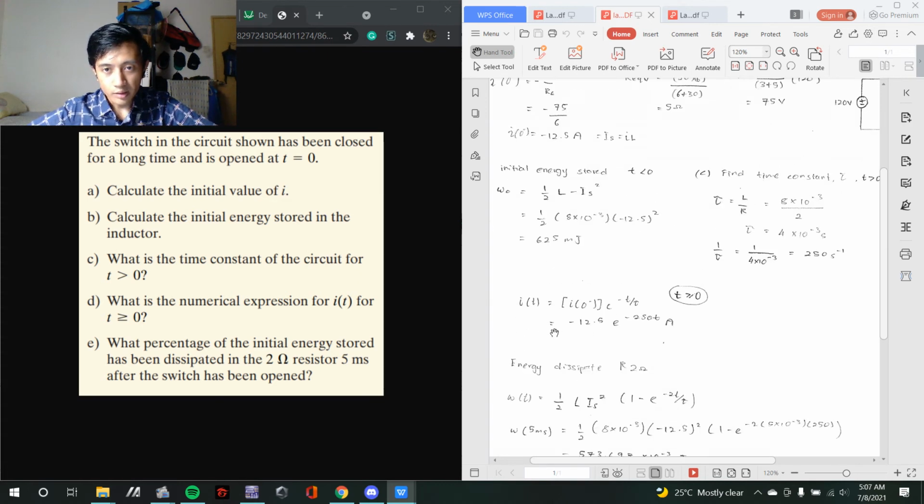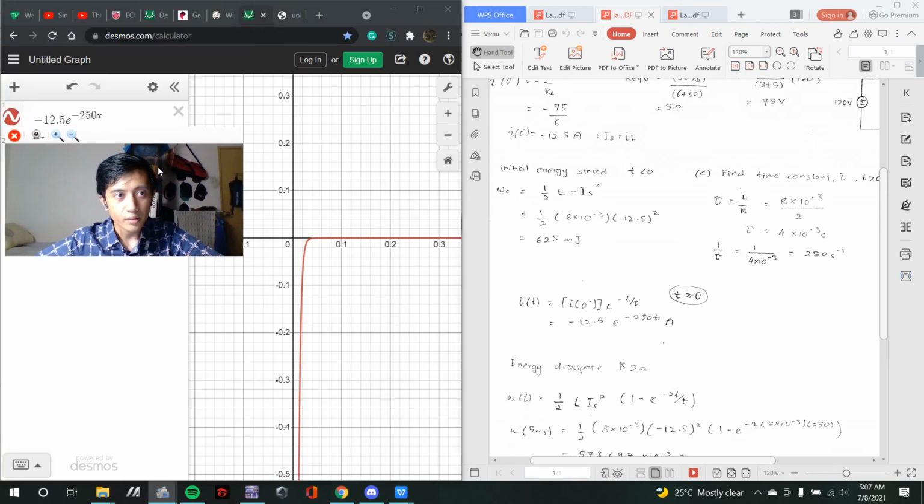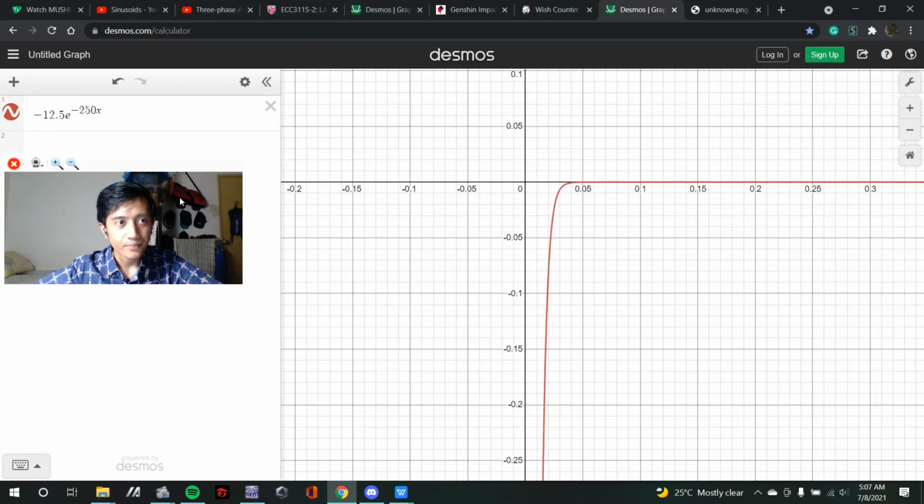So this is the current that will be flowing through the inductor and the resistor. The graph has been made for this function, which is here.